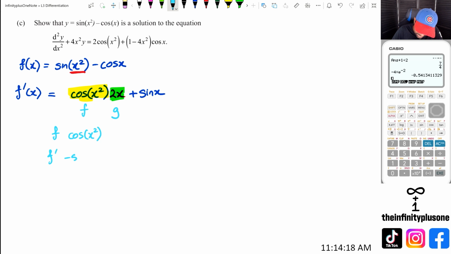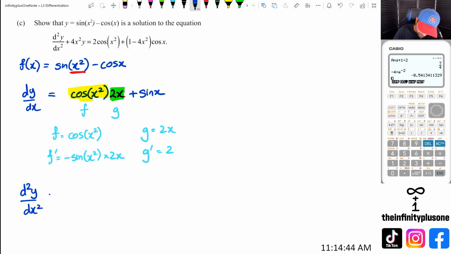Then f dash is going to be negative sine x squared times 2x. g is going to be 2x. g dash is going to equal 2. So with that in mind, I've got f double dash of x. Maybe I should actually go dy dx. Yeah, let's do that. So this is going to be dy dx. So I'm going to differentiate it a second time. So I should get f dash g plus f g dash, and then plus the last bit, which is the differentiation of sine x.